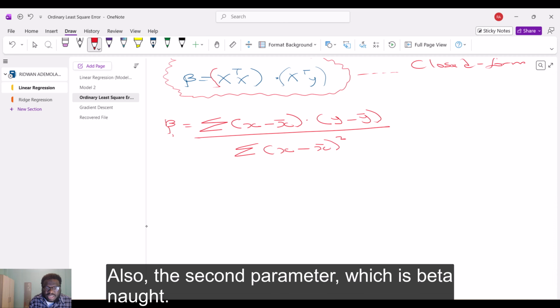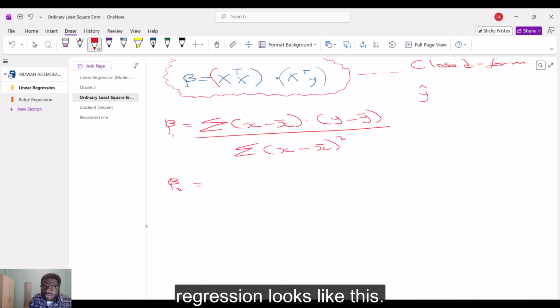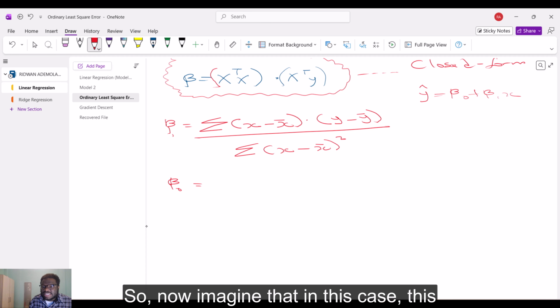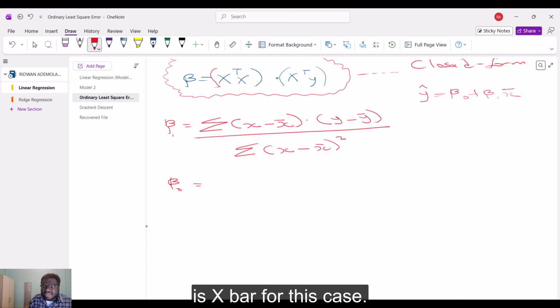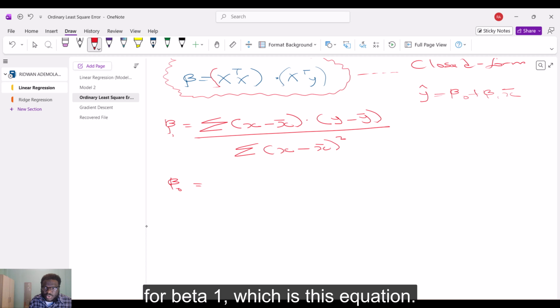Also, the second parameter, which is beta naught. Remember that the equation of linear regression looks like this: beta naught plus beta 1x. So now imagine that in this case, this is x bar. Now imagine that we already have the value for beta 1, which is this equation.